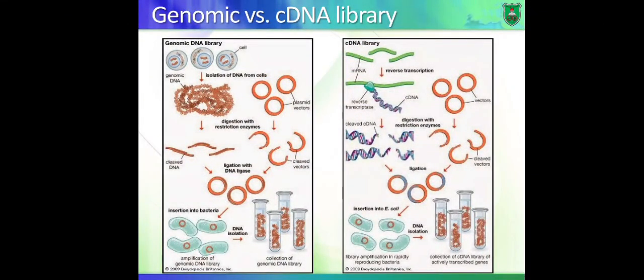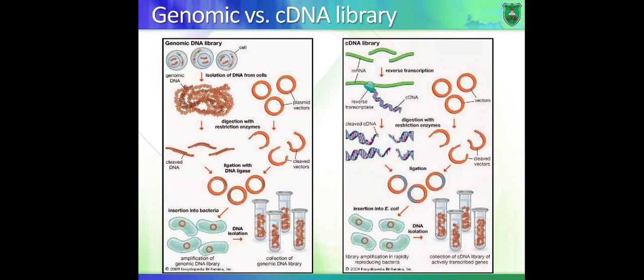We have introns and exons and promoters and enhancers, coding regions, non-coding regions, regions representing just RNA genes for RNA molecules, or for genes that would code for proteins. We have telomeres, centromeres, a bunch of stuff, everything in a genome. So it's very complex. So it's much better to do a cDNA library.